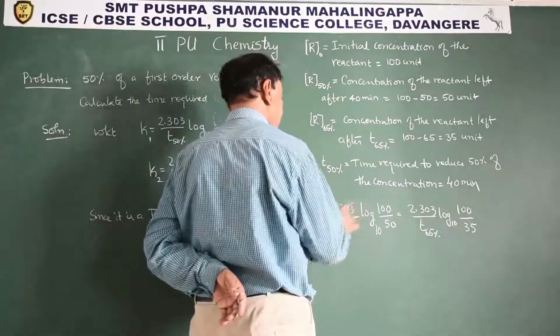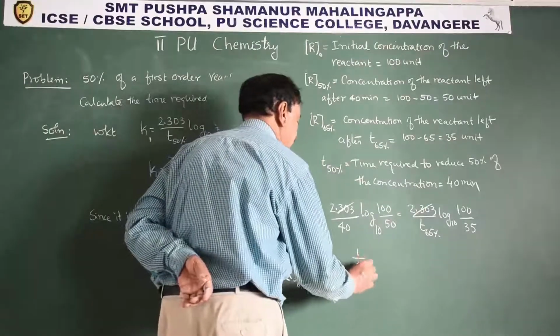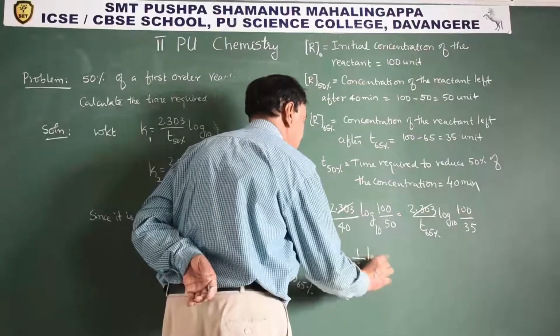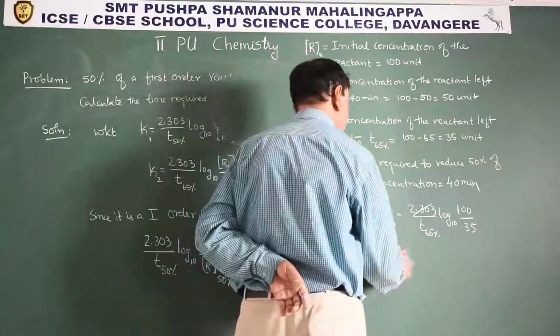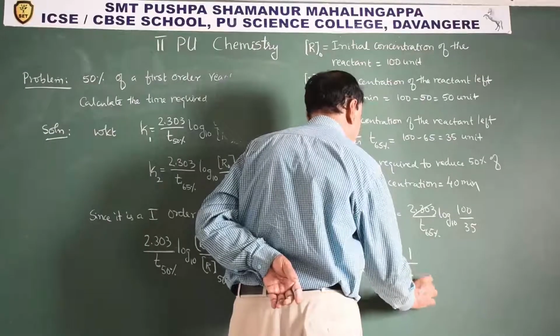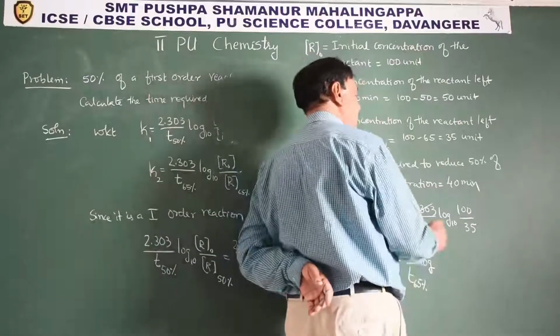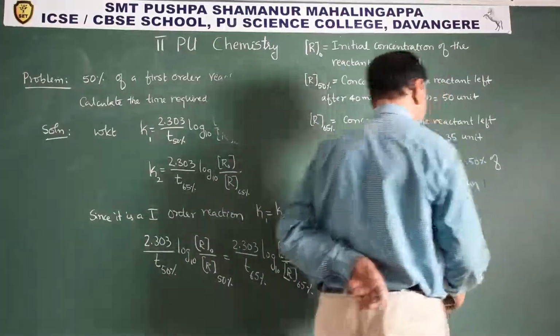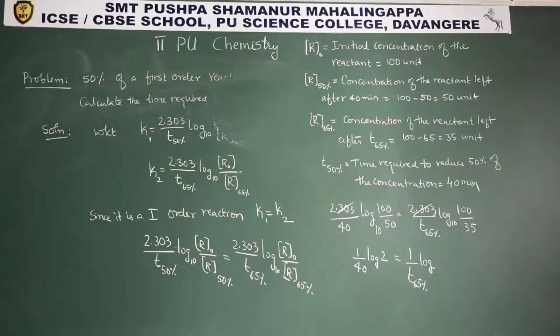Here 2.303 gets cancelled. This is 1 by 40 into log 2 is equal to 1 divided by T65% into log 100 by 35.